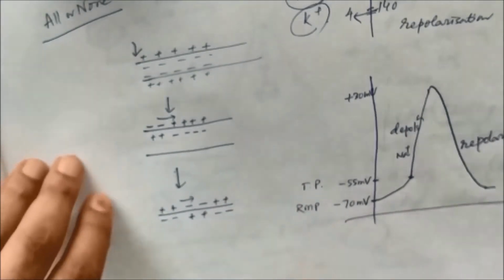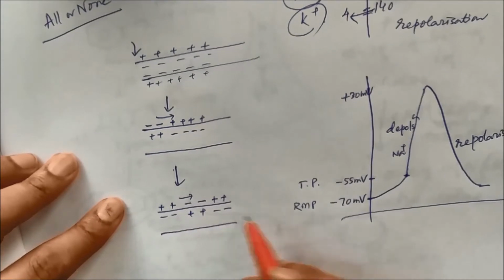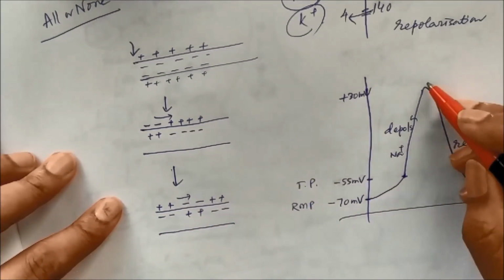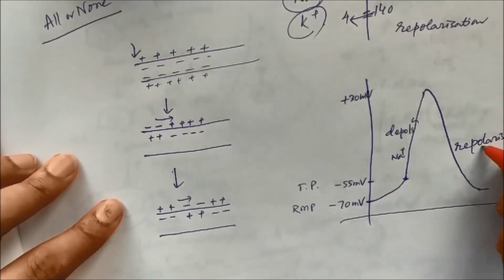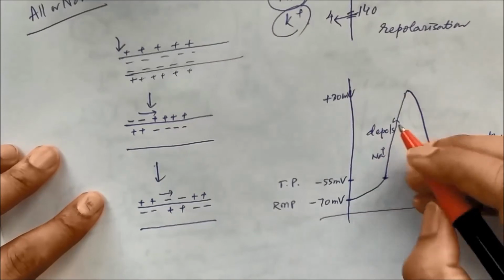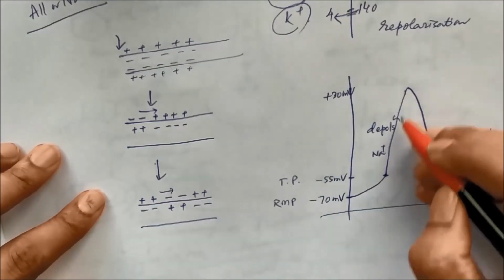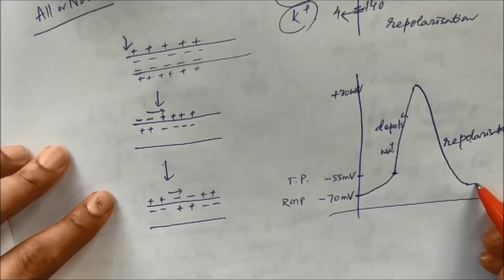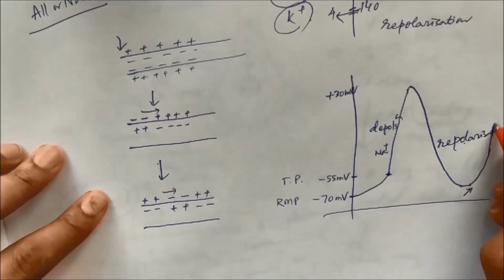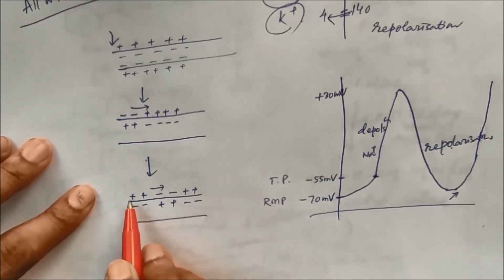This is a one-way phenomenon, because depolarization is followed by repolarization, and during depolarization there is the refractory period, meaning another impulse cannot depolarize from here. Once it is depolarized and then repolarized, another impulse can depolarize again. So it is a one-way phenomenon, and the impulse conducts in this way.